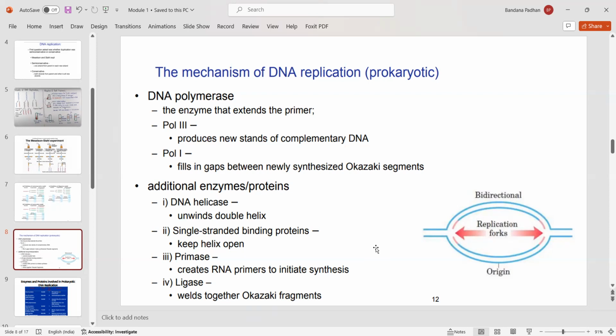So primase adds the RNA primer, or segments of RNA, to start replication by DNA polymerase 3. Ligase, another enzyme, is required to seal or weld together the Okazaki fragments, the fragmented DNA, into a single DNA strand.